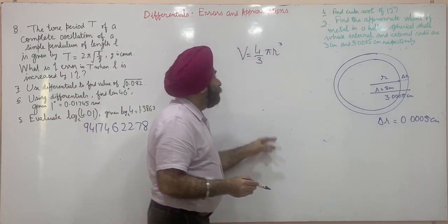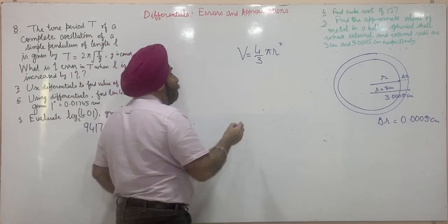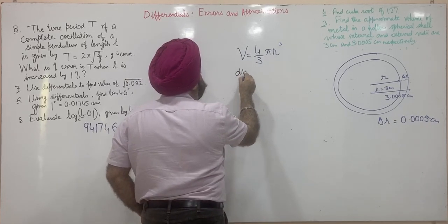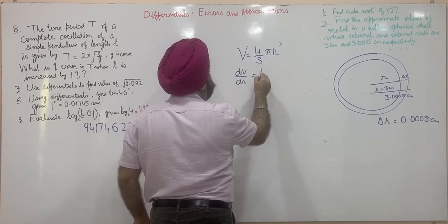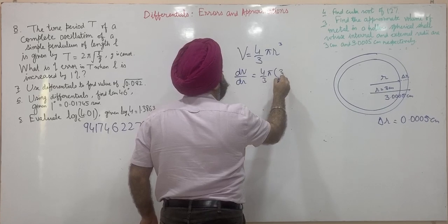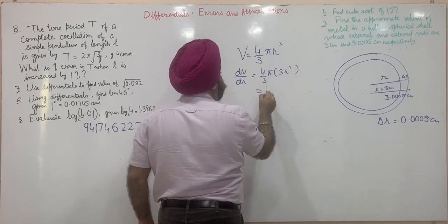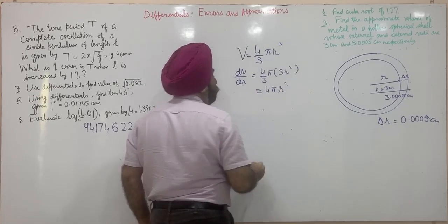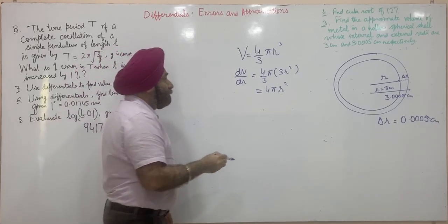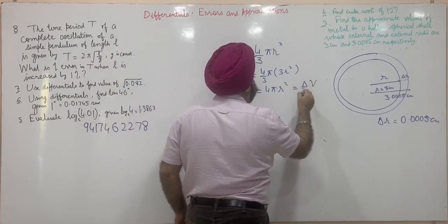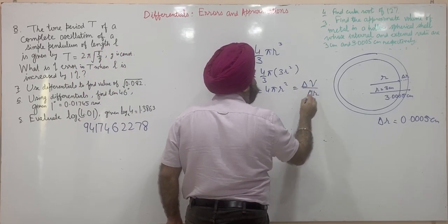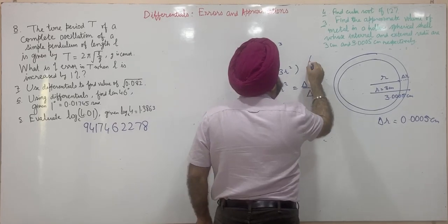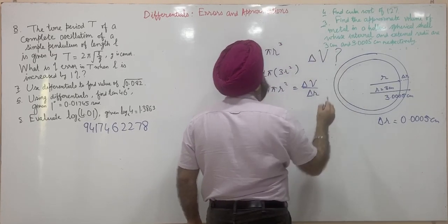Corresponding to this, we find the volume present here, that is the change in volume. Differentiate this with respect to r. The constant outside, 3r square, gives 4 pi r square. This is the same as delta v upon delta r. We have to find delta v here.